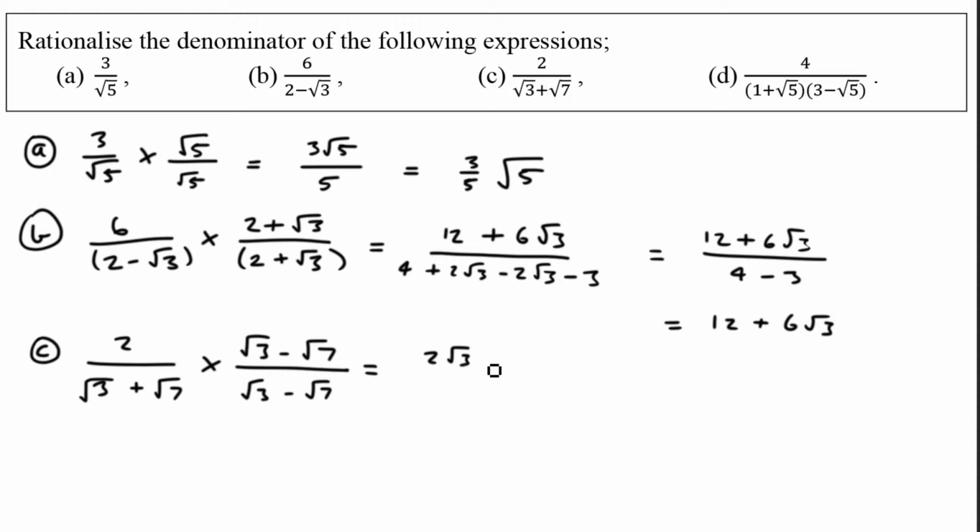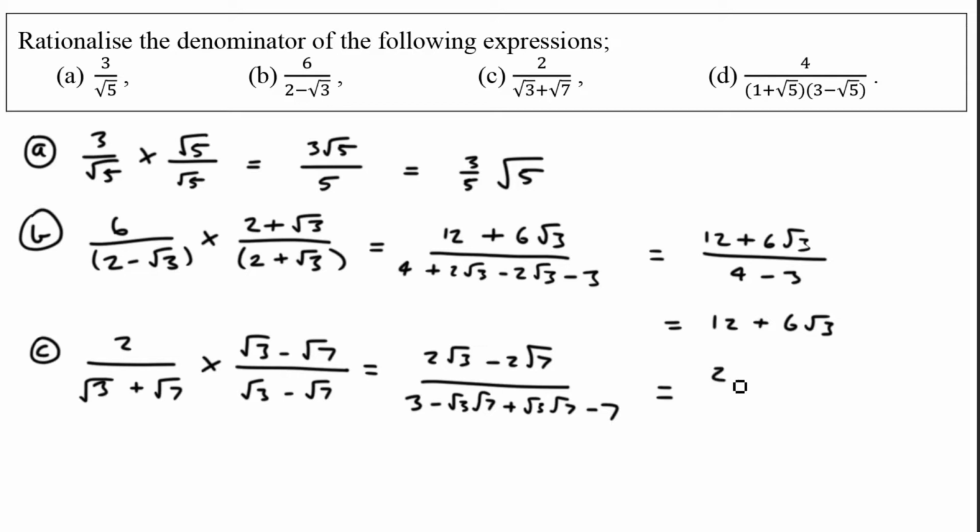2 root 3 subtract 2 root 7 divided by root 3 times root 3 is 3. Root 3 times negative root 7, subtract root 3 root 7. Root 7 times root 3 will be adding a root 3 root 7, and root 7 times negative root 7 will be subtracting 7.